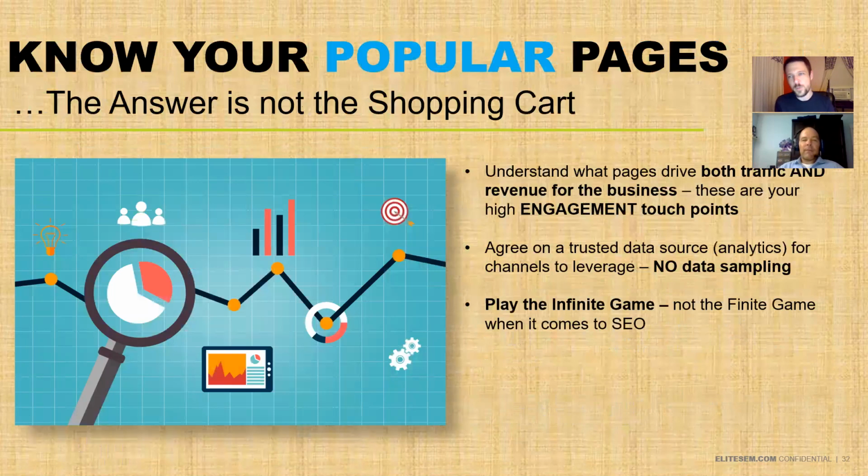Next thing here, know your popular pages ahead of time. It's not your shopping cart. The shopping cart's not the most popular page. Check your analytics, check seasonally. We do really interesting things where we're able to take keyword research by season and determine spikes and ebbs in search volume, so that you can understand, okay, people are going to be searching for this a little bit more in this season as opposed to this other season.